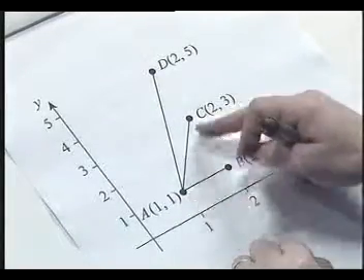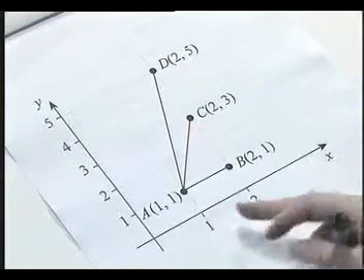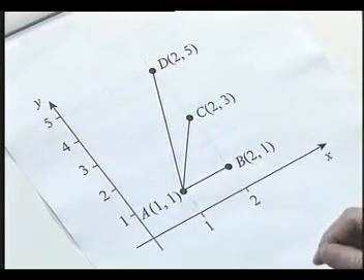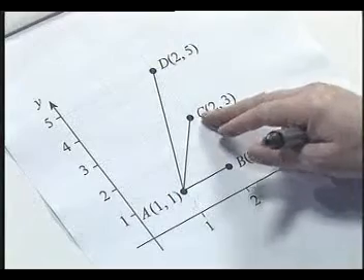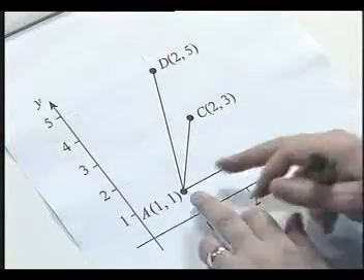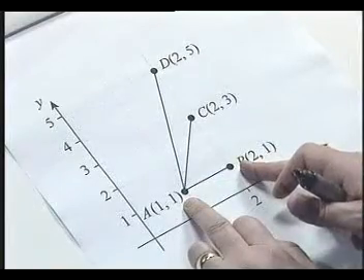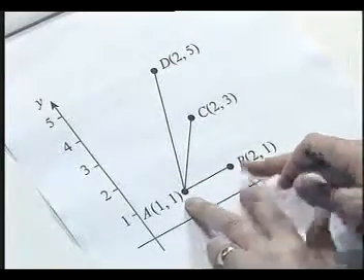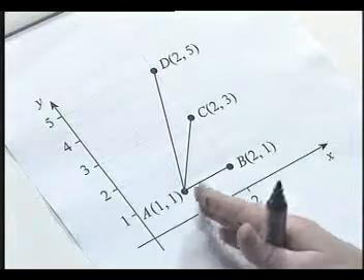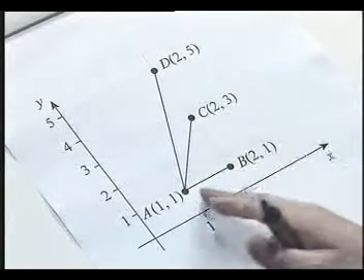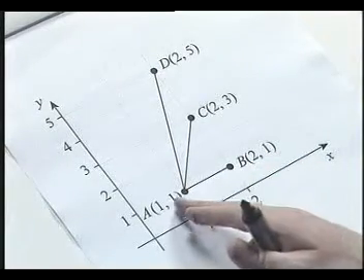As we move from A to C, x changes from 1 to 2, and y changes from 1 to 3. And AC, in turn, is steeper than the line segment AB. The line segment AB is, in fact, horizontal, because as x increases from 1 to 2, the y-coordinate doesn't change at all. It remains at 1.